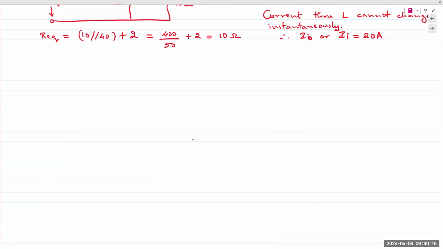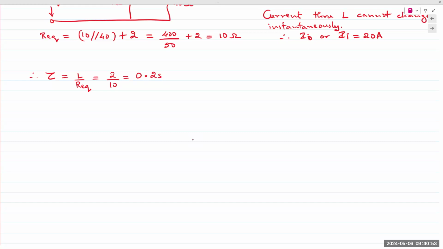And my tau is L over Req, 2 over 10, 0.2 seconds. This is how we determine all three values. Once you have all three, you simply take your standard expression, plug in the three values, and reduce it as much as possible, and that is your final answer.